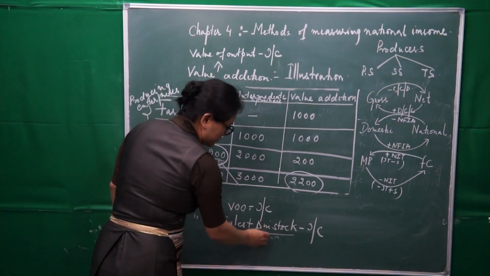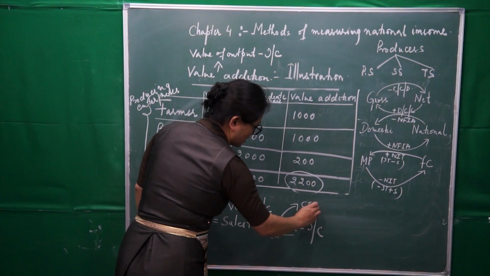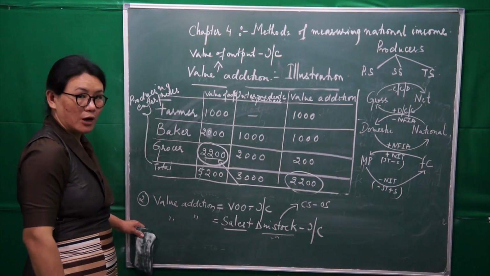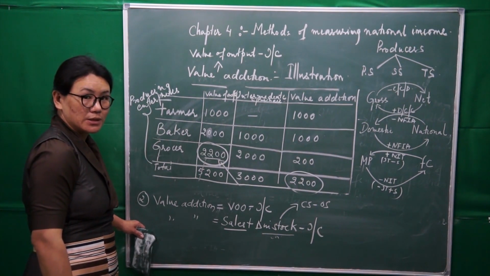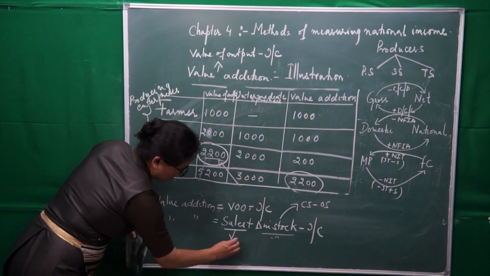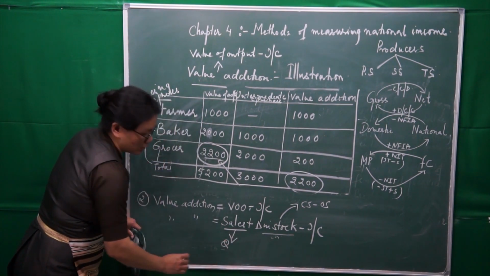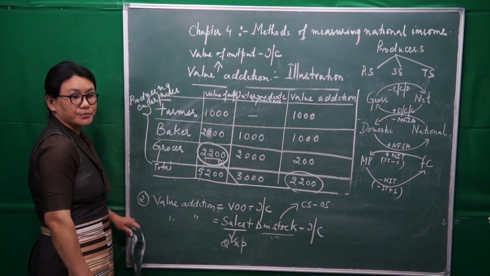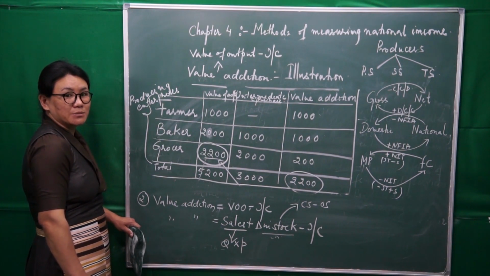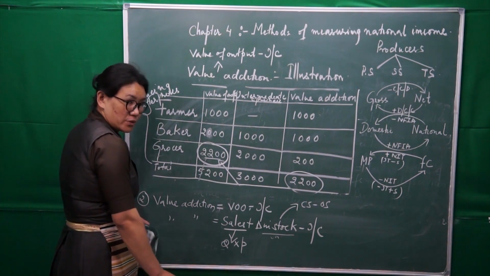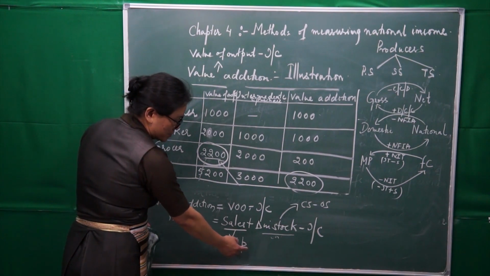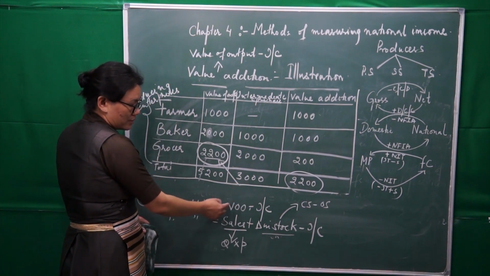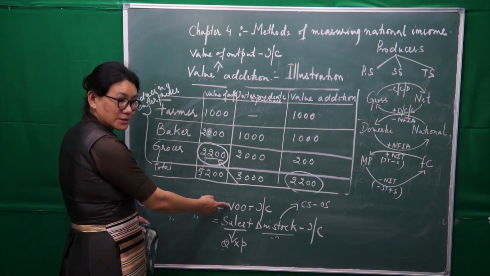So what is this change in stock? Change in stock is closing stock minus opening stock. And sometimes under value of output, that is sales, we use this formula, quantity into price. Sometimes in numerical problems, we do get quantity into price, instead of sales, instead of value of output. Is that clear?